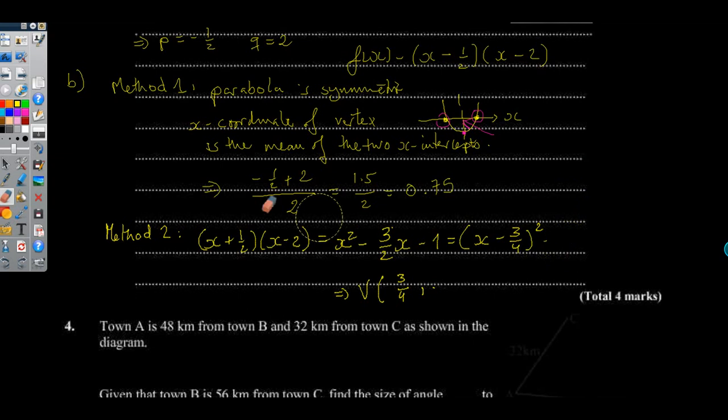It's not 5/4, but negative 25/16. I forgot to square. And so this is this. But we're only asked for the x value of the minimum value, and that's 3/4, which is the same as 0.75.